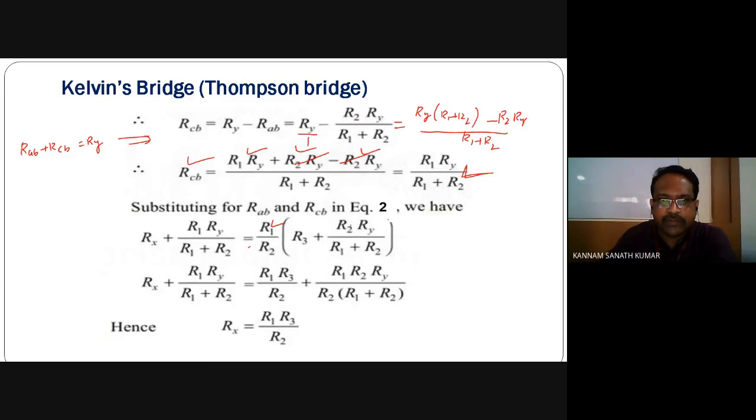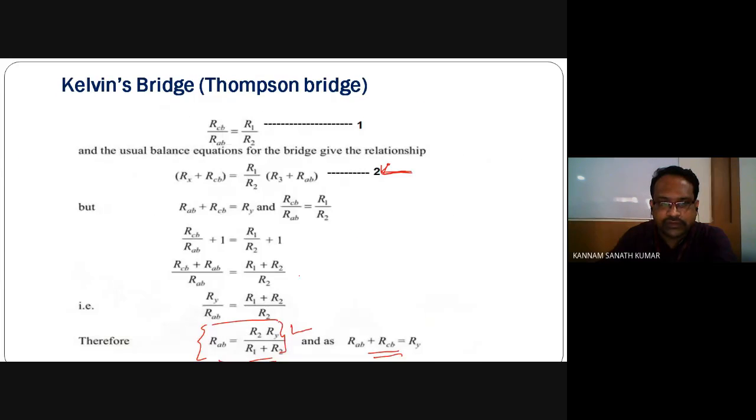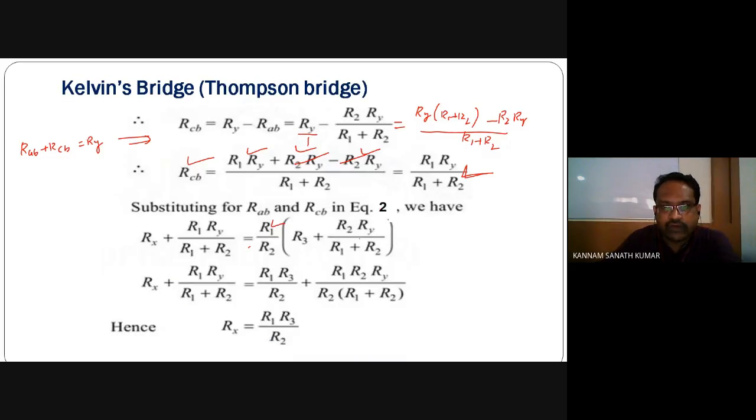RAB is R2 into Ry by R1 plus R2. Now you multiply. So R1 R3 by R2 plus R1 R2 Ry by R2 into R1 plus R2. R2 gets cancelled. R1 Ry by R1 plus R2 cancels on both sides.